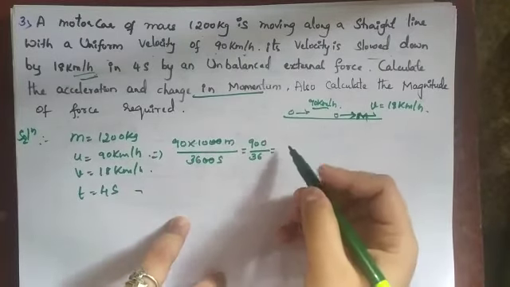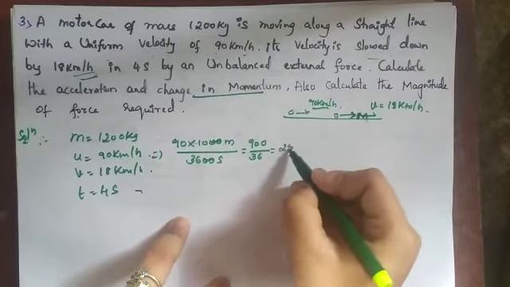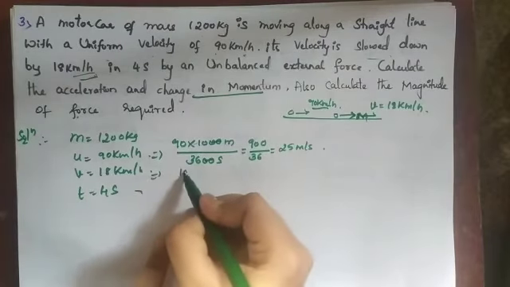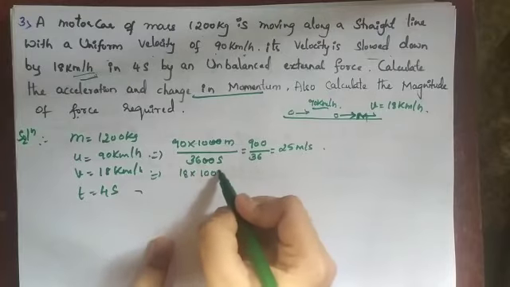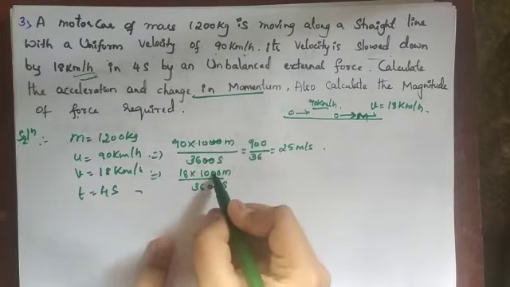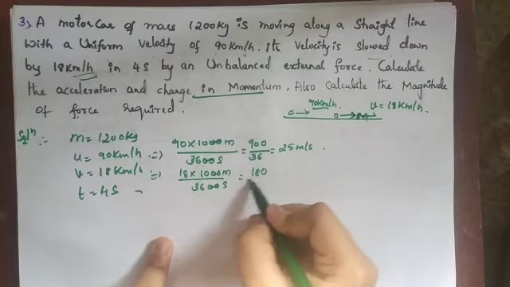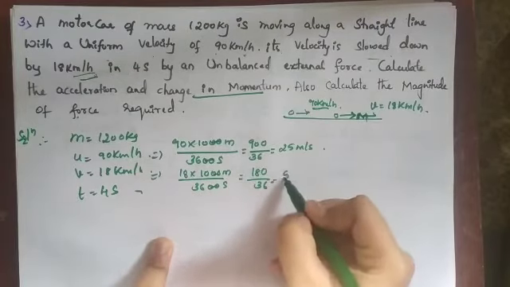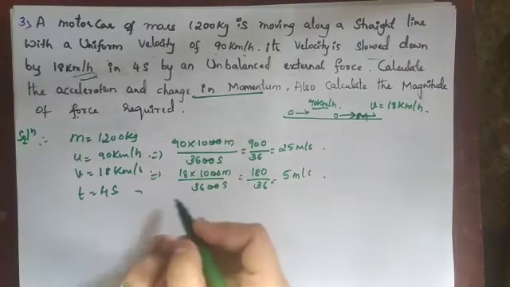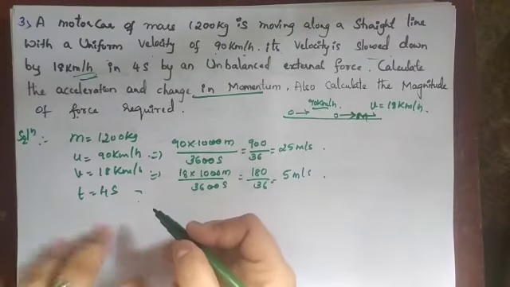If I divide it, I'll get 25 meter per second. Similarly, 18 into 1000 meter divided by 3600 seconds. Zeros cancel, 180 by 36, you will get 5 meter per second. So now we know the values.